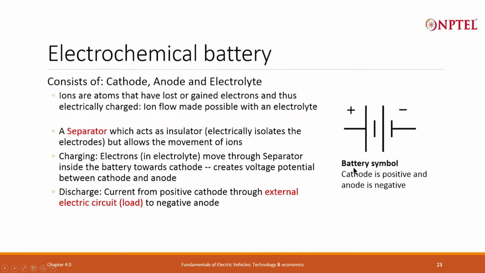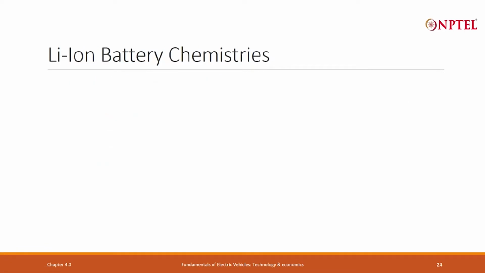During discharge, the positive current will flow from here to here, electrons will flow from here to here. Okay. So, that is what happens. This is the way an electrochemical battery goes.